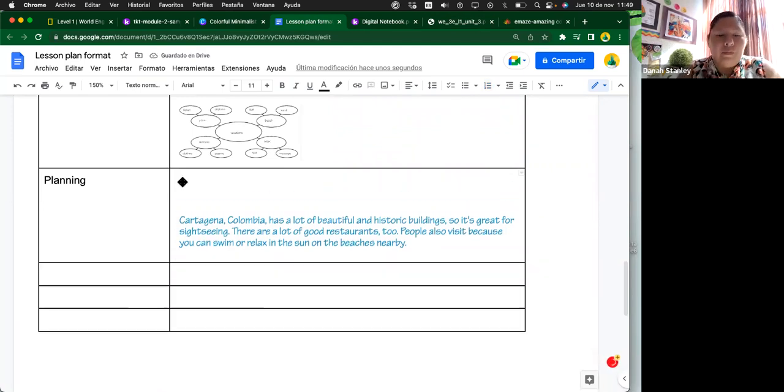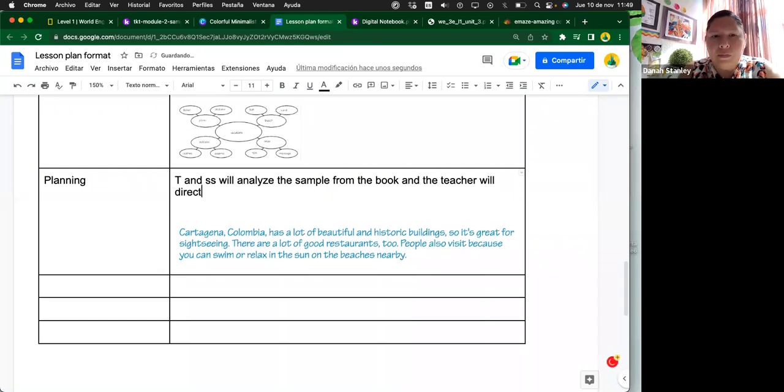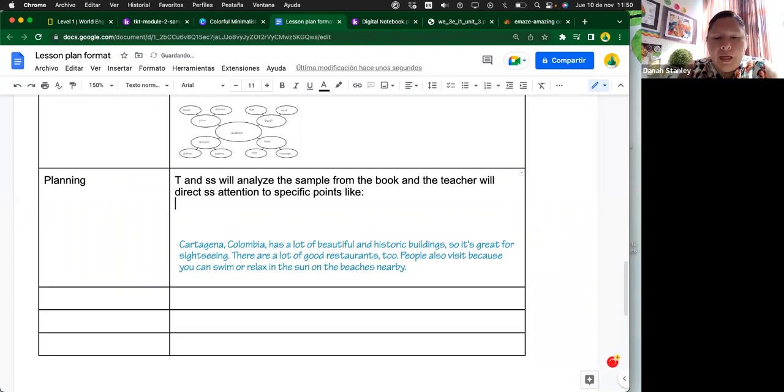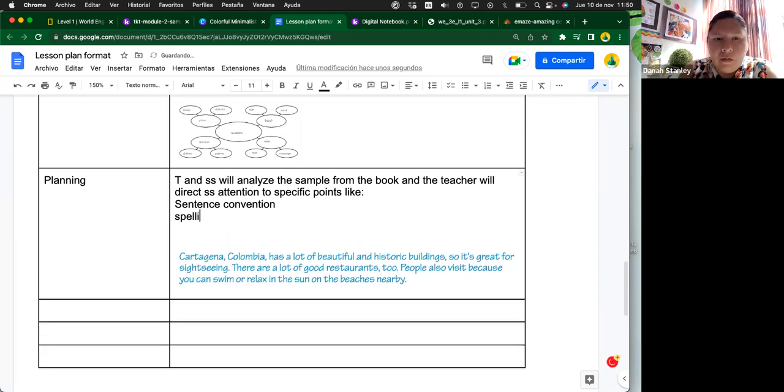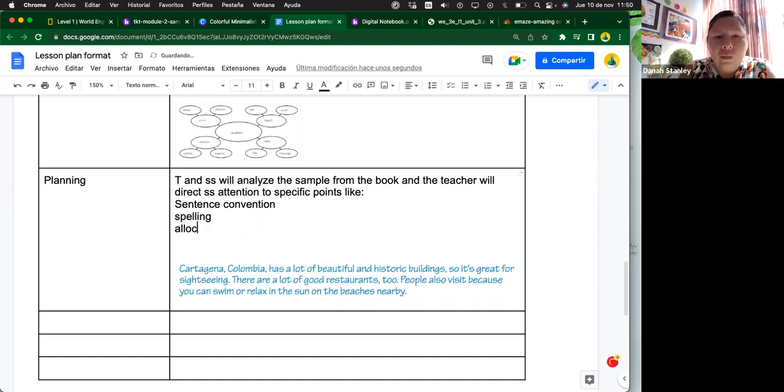Entonces, teacher and students will analyze the sample from the book, and the teacher will direct students' attention to specific points like sentence convention, spelling, collocation, que es adjectives, nouns.